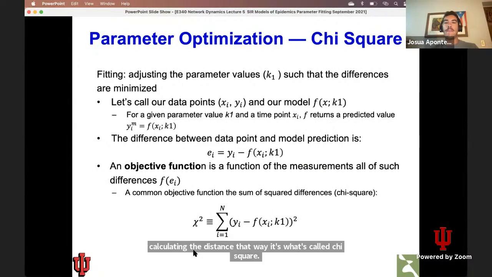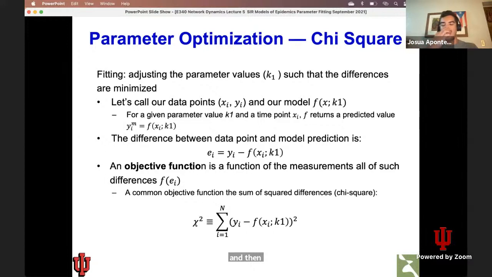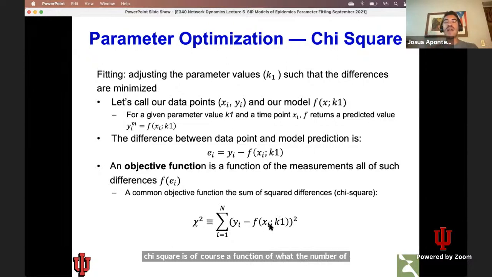And then chi-squared is, of course, a function of the parameter values. Remember that we are representing the difference of the model for a parameter value with a single number.